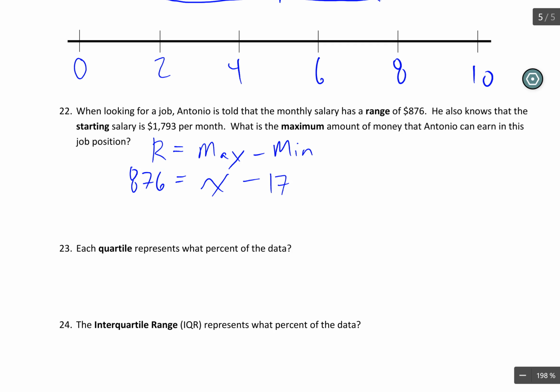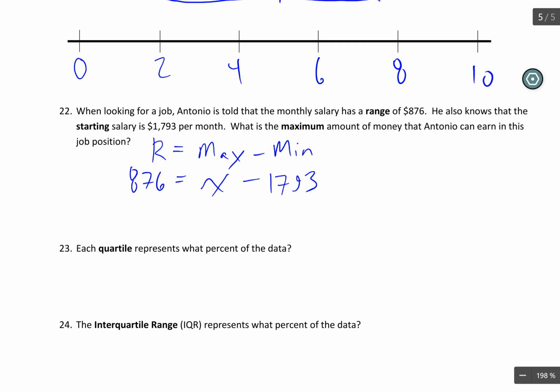minus my starting salary, or my minimum salary, the least that I'll make starting out, and then of course as I work there longer, I'm going to make more money. So $1,793 is going to be my starting salary. And so from here, you might automatically recognize what to do. But just in case you don't, I want to go ahead and rearrange this just a little bit.